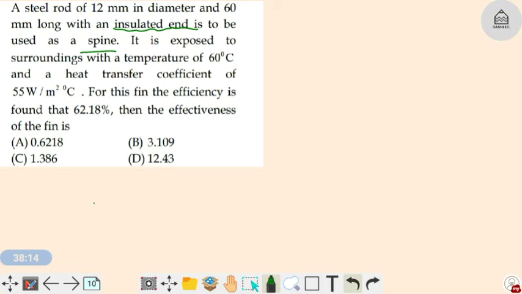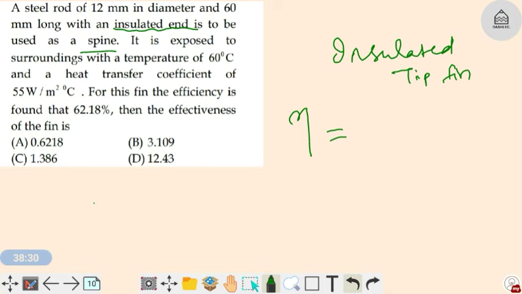For an insulated tip fin, the efficiency will be 1 by ml tan hyperbolic ml.